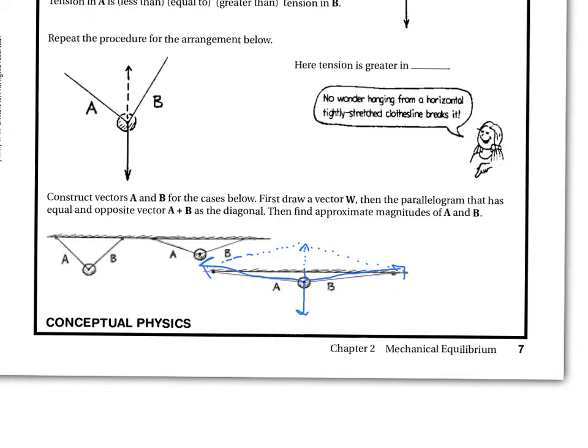Well, why is that? Well, the reason is because so much of the force for each of these two is pulling sideways instead of just supporting the weight. Because of that, you see a massive increase in the amount of tension because we're pulling to the left and to the right. So hopefully this clears up some of the questions for you.